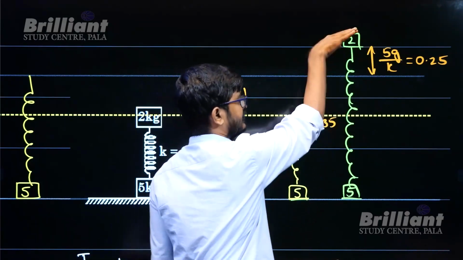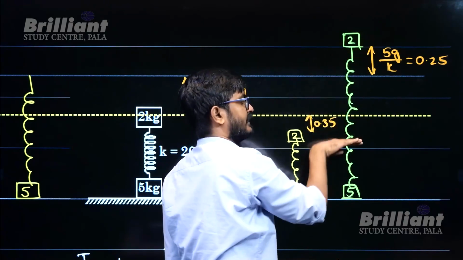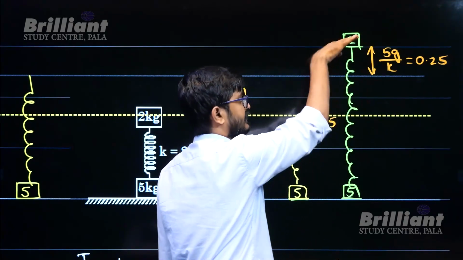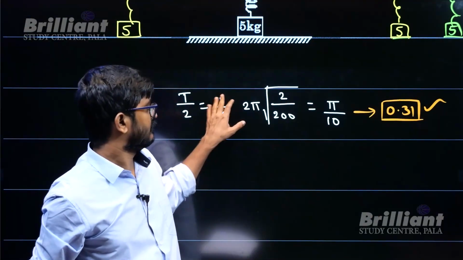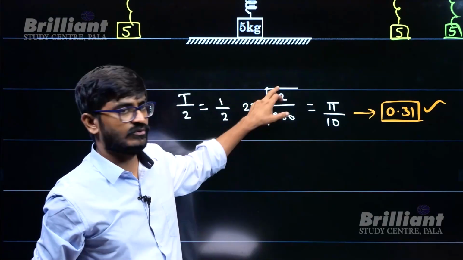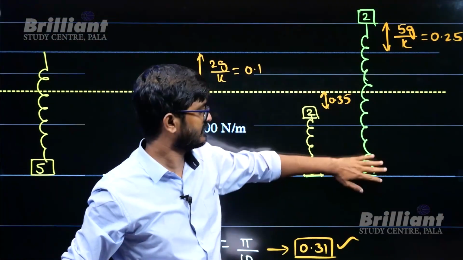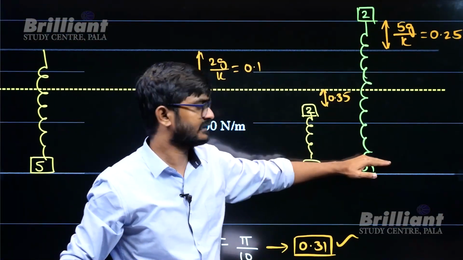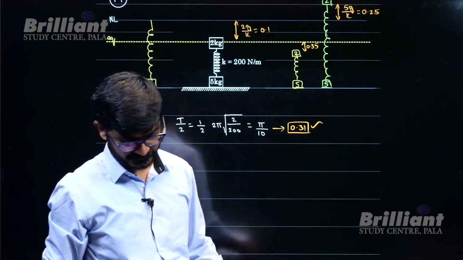If it is performing SHM, going from here to here plus here to here is one full time period, but from here to here it is only half the time period. Now what is half the time period? 1 by 2 into 2 pi into root of m by k. Now what is m? 2, because the other block is not moving. So you can visualize it like this is a fixed wall and it is performing SHM, right?